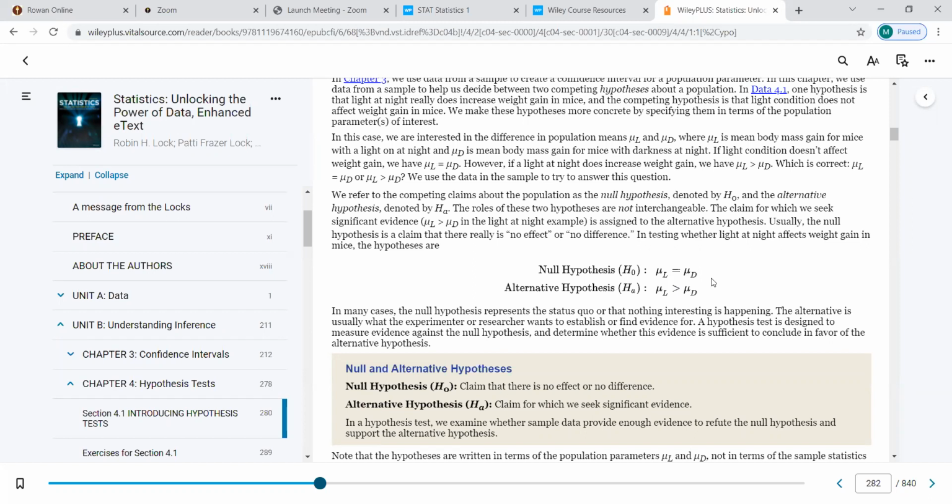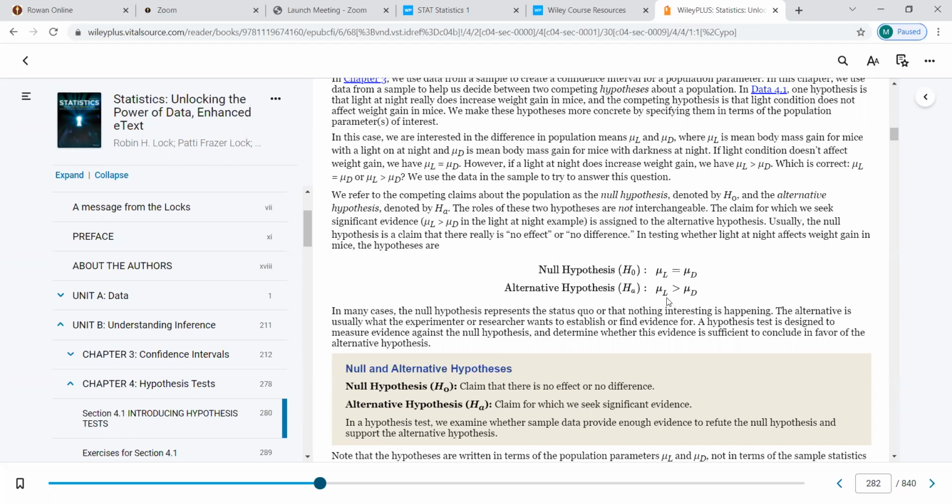The sample is just there to confirm whether we can reject the null hypothesis or not. That's why the sample's there. It's just evidence. But the hypothesis itself is always about the population. Therefore, we use the population mean in this case to represent each group.